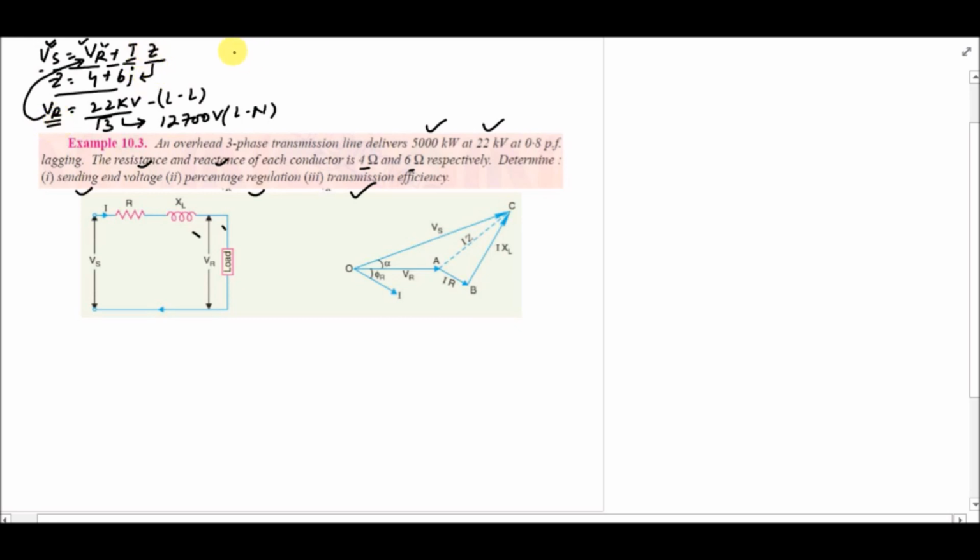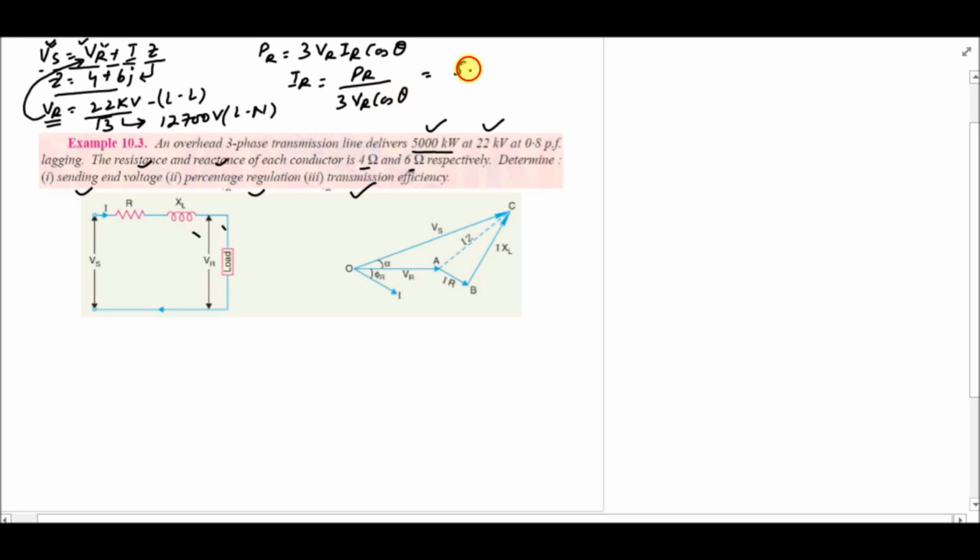For the I value, we have to use the formula for the real power that is being delivered at the receiving end. In case of three phase system, PR will be equal to 3 VR IR cos theta. And in order to calculate IR, it will be equal to PR over 3 VR cos theta.